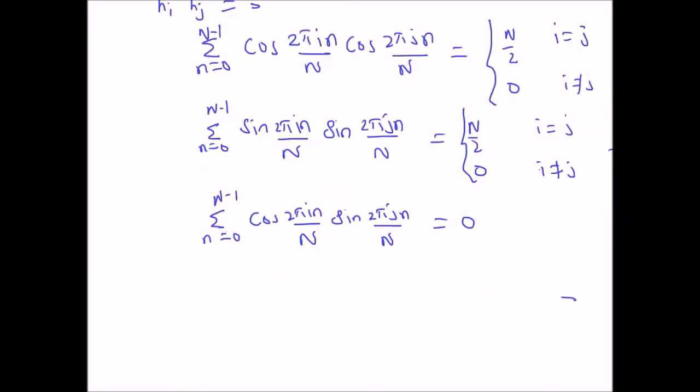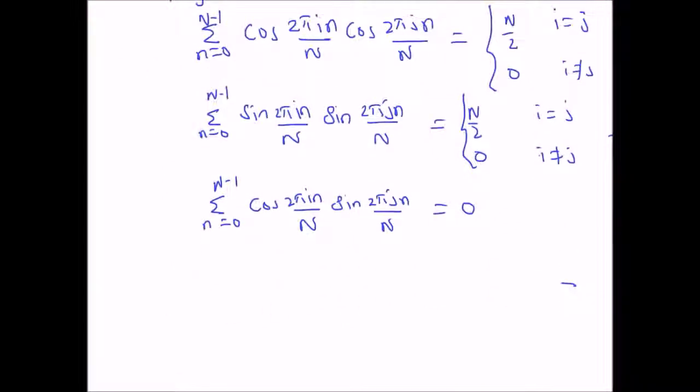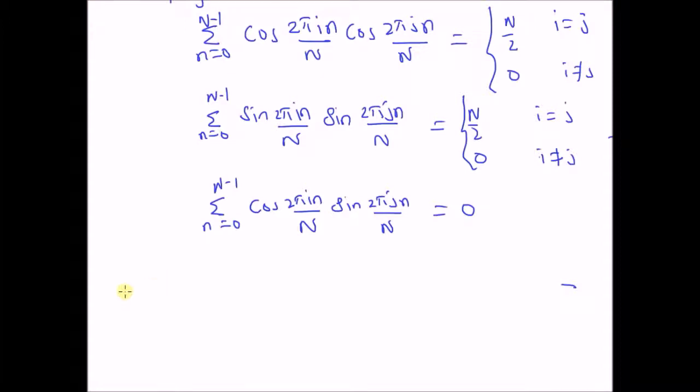So by using these three results, we can clearly see that the matrix H transpose H has a non-zero value only along the main diagonal, that is, when i is equal to j. And for the rest of the locations, the elements are clearly equal to 0.